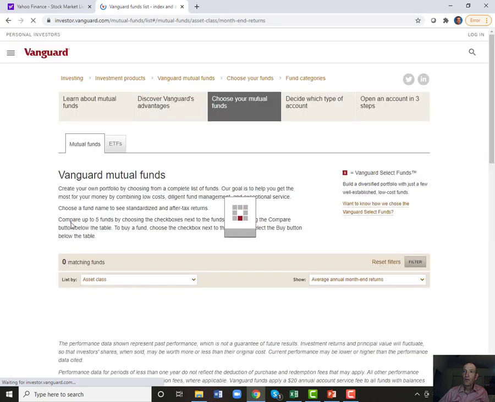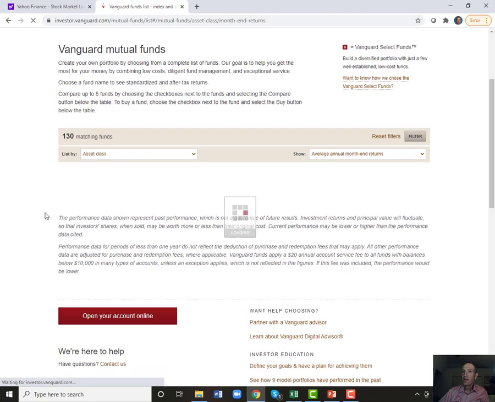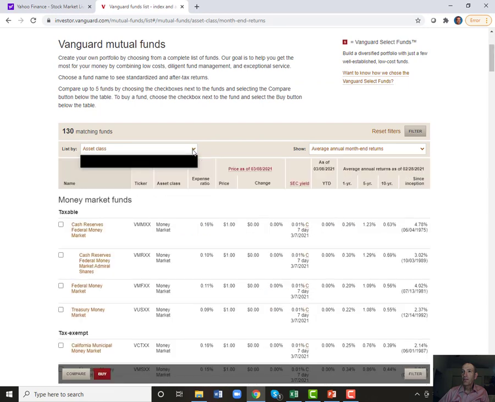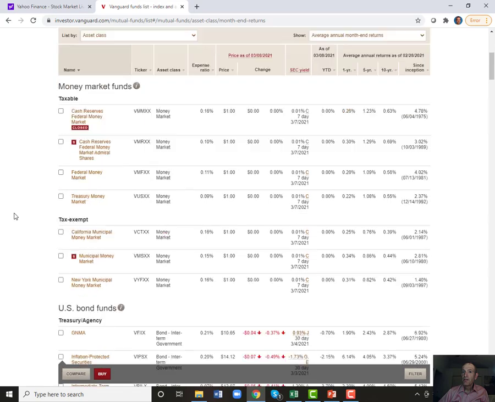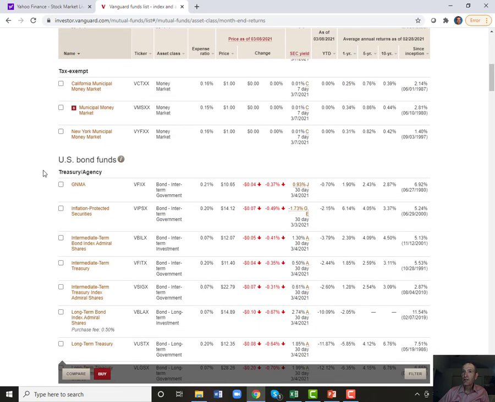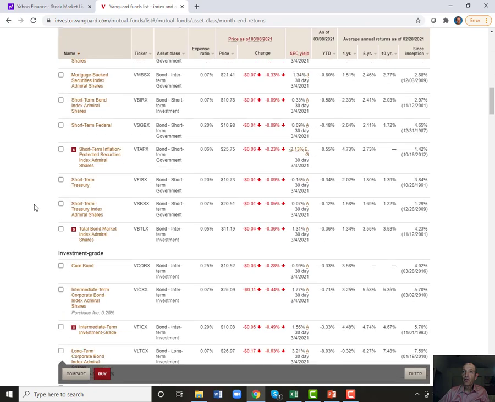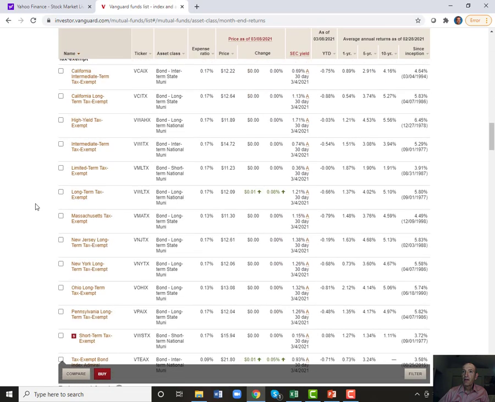Then they give you more options than you really want. But right here, they give you some choices, and here they're doing it by asset class. That's what you want. If you know a particular fund, you can do it by fund name. But let's do it by asset class. So the asset class we're looking for, we're not looking for money market funds. We're not looking for bond funds.